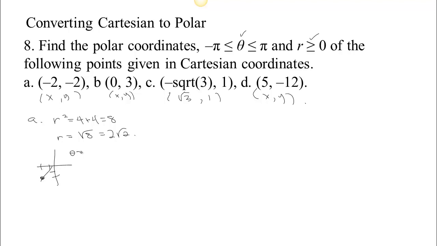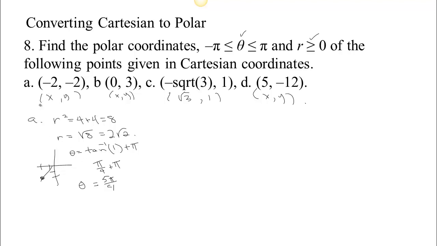So theta, according to what we just said, would have to be the arctangent of y by x, which is -2. That's the arctangent of 1. But that would give us an answer in the first quadrant, so we need to add pi to it. The arctangent of 1 is pi fourths, so we get pi fourths plus pi would be 5 pi fourths.